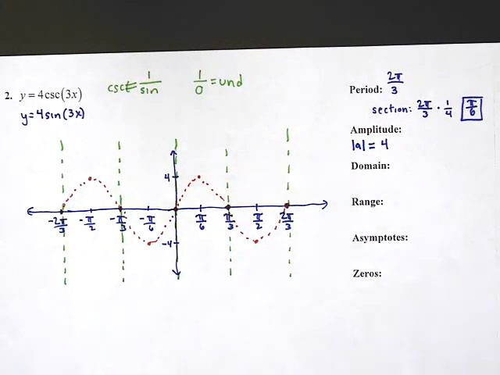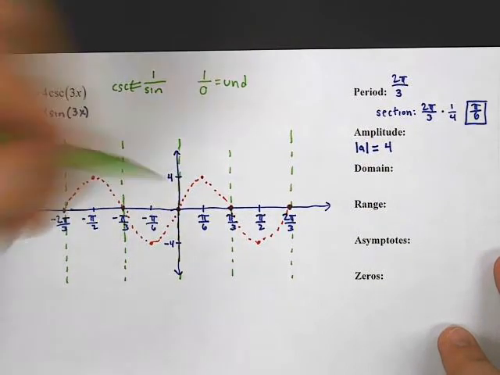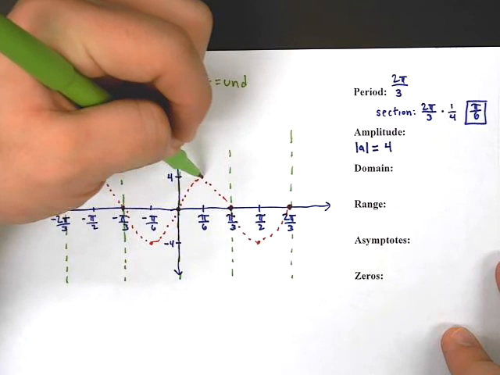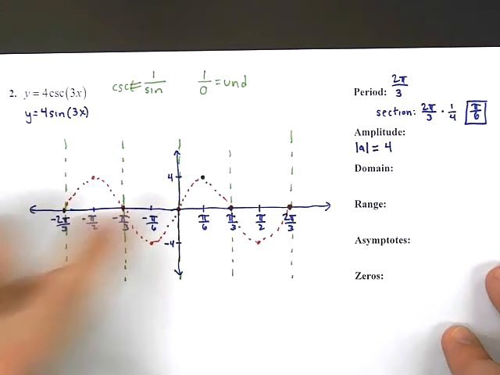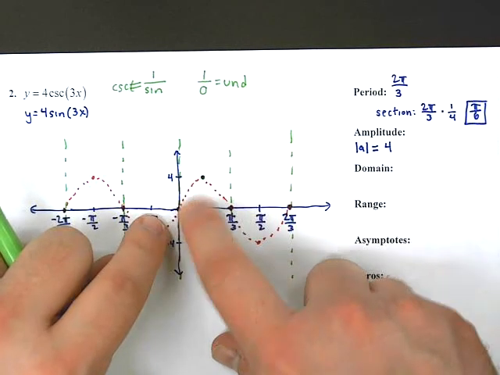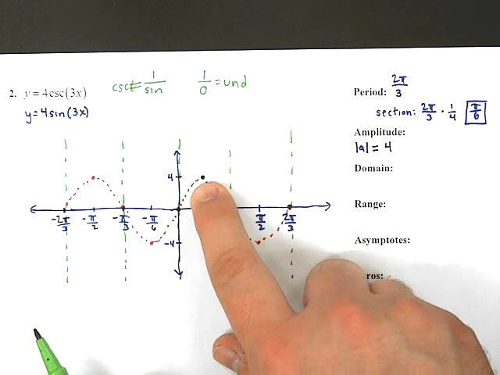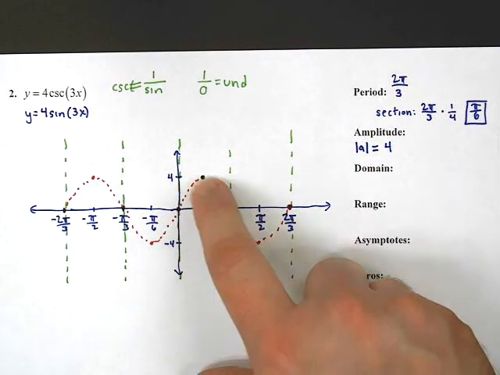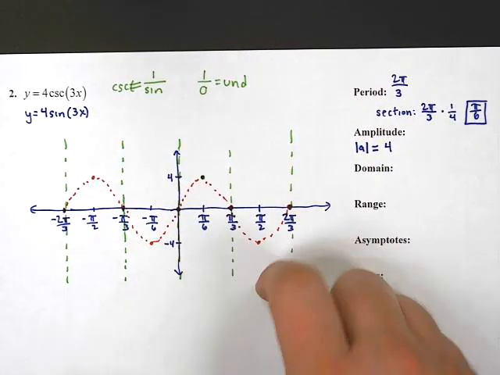The next thing we need to think about here is, let's take this point for example, pi over 6, or up at 4. Well, we know this is a maximum. If we were on a unit circle, this would be at 0, 1. When we take the sine, it's 1, but also when we take the cosecant, it's going to be 1, because the reciprocal of 1 is just 1.